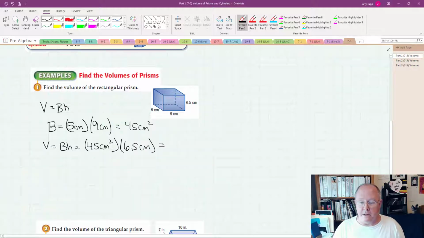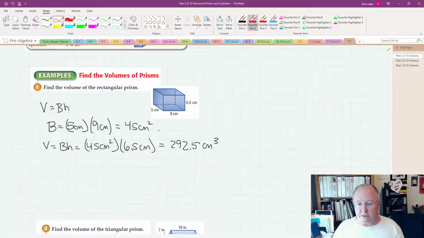Okay, so 45 times 6.5 is 292.5, and here you have a centimeters squared times a centimeters, so that's centimeters 2 plus 1, centimeters cubed. Okay, not so difficult really.